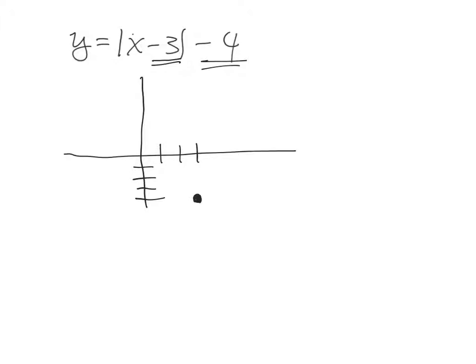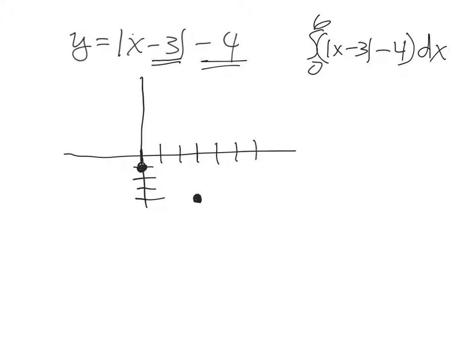And let's see. To give us a little more accuracy on the graph, we will be looking at this from 0 to 6. So we do need to see at least where 0 is and where 6 is. If x is 0, y is going to be what? Okay, negative 1.